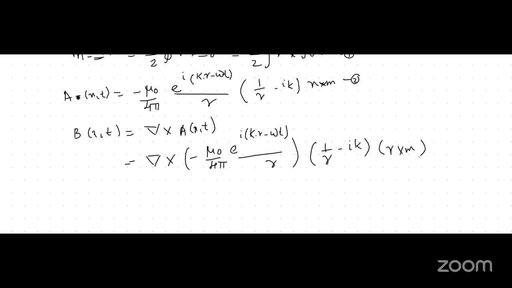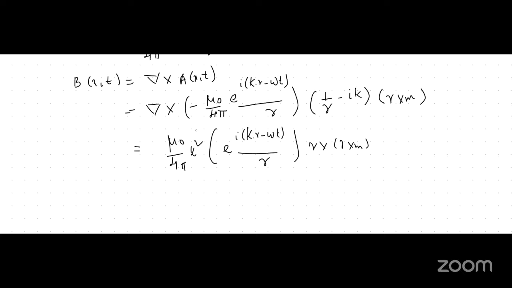If you solve this equation, you get mu naught by 4 pi, k squared, into the exponential of i(k dot r minus omega t) by r, into r cross m.